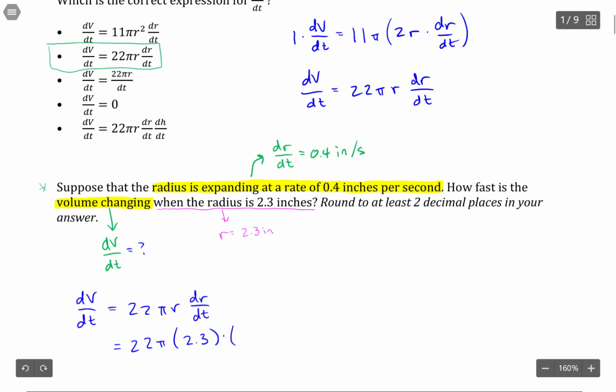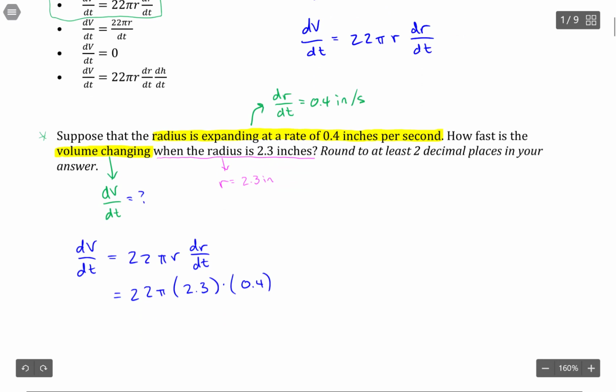So the rate of change of the radius is constant. So it's always changing at 0.4 inches per second. That's happening throughout time. But we want to know how fast the volume is changing, because the volume changes differently with different respects to time, or different points in time. So when the radius is 2.3 inches, how fast is the volume changing?